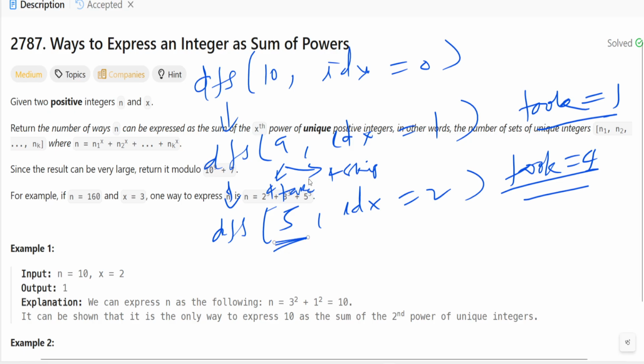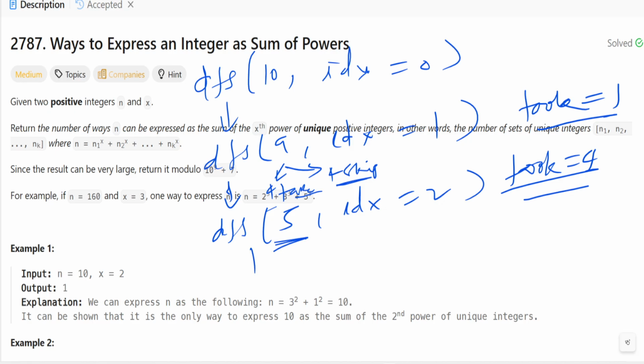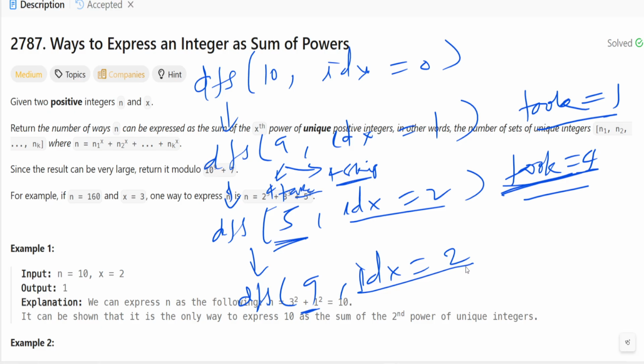When we have skipped it, what is the remaining? The DFS will say 9, because we have skipped it, means IDX will increase to 2. When we are skipping, IDX 2, this time we can take it. Similarly, when we are skipping, the remaining will remain the same, because we have skipped here.